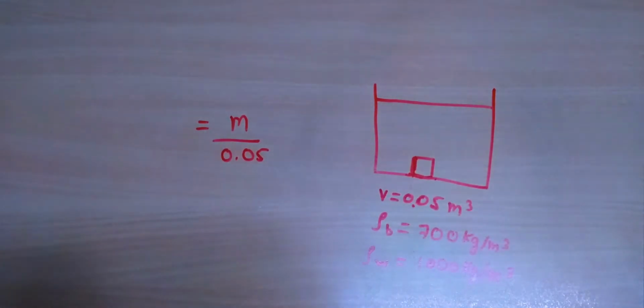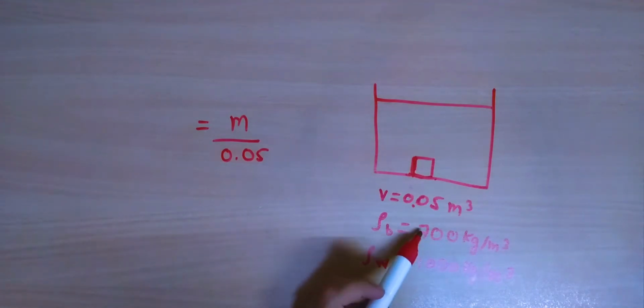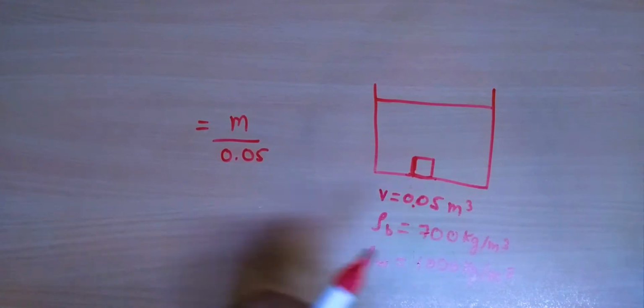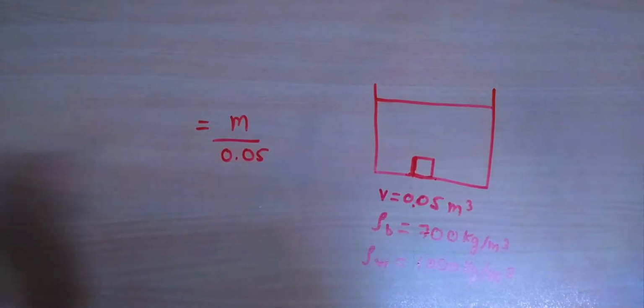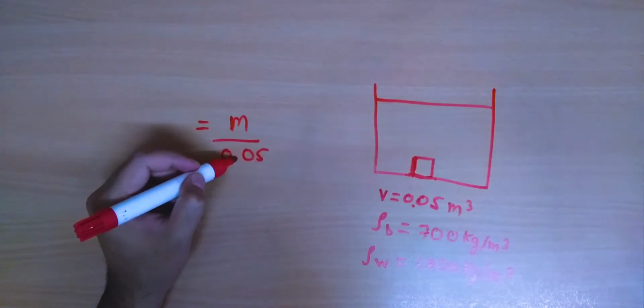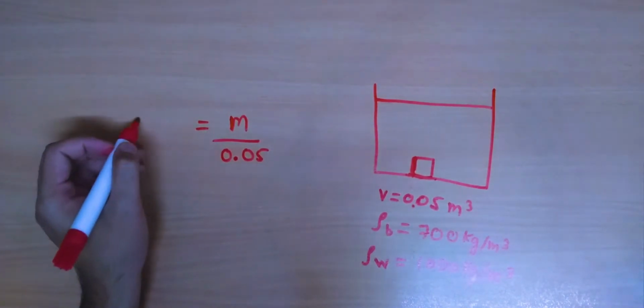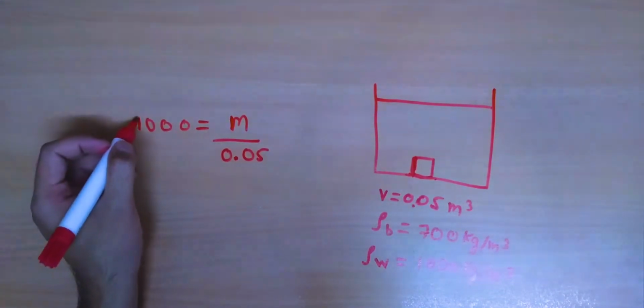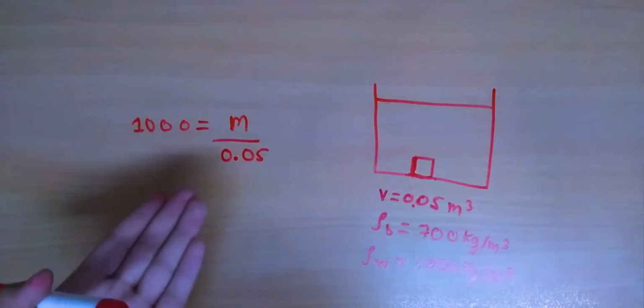Many of you were not visualizing the question and simply putting in numbers. Some of you were trying to put in the density of the block. So don't guess here, just think. If I have to find the mass of water and I'm putting in the volume of water, then I should put in the density of water so that I get the mass of water, because I'm considering water right now.